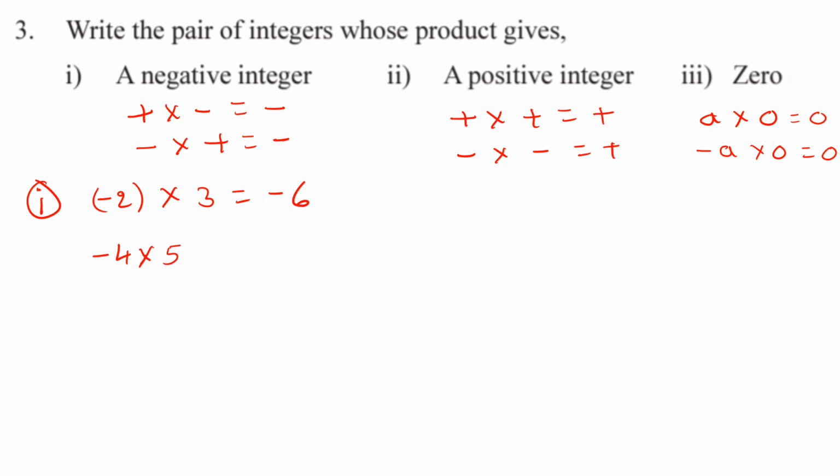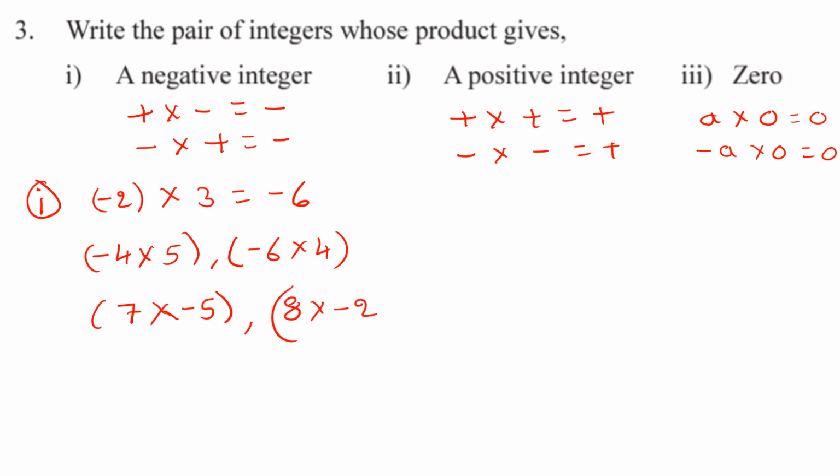Okay, and next one, that is minus 6 into 4. Next one, take plus 7 into minus 5. One more, write it down here, that is 8 into minus 2. So these are the pairs. When we multiply these integers, it becomes a negative integer only.